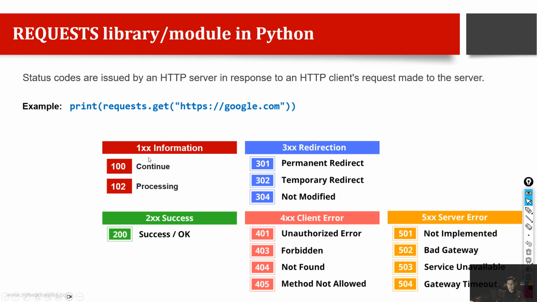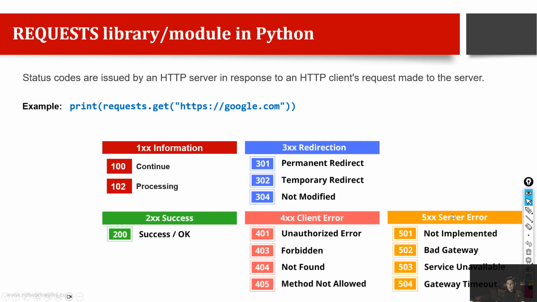So these are different status codes. For the status codes starting with 100, we have 100 for continue, 102 means that it's still processing. So this is information to us that I am processing your work. 200 means success, which means the website is okay. 300 means that this web page has been redirected, either permanently, which is 301, temporarily, 302, or not modified, 304.